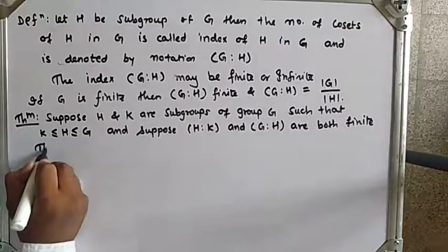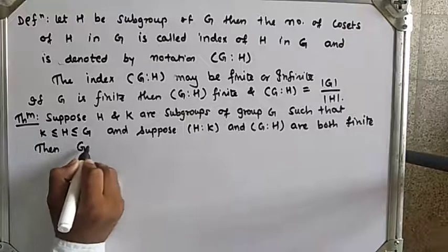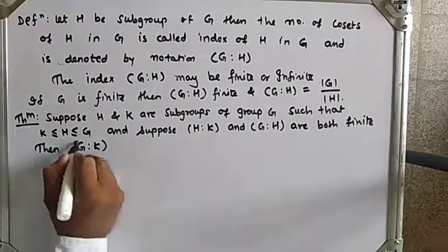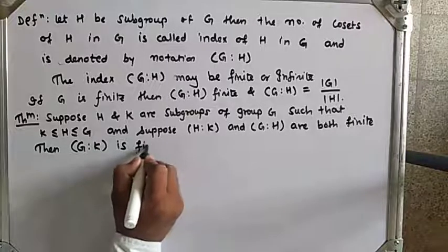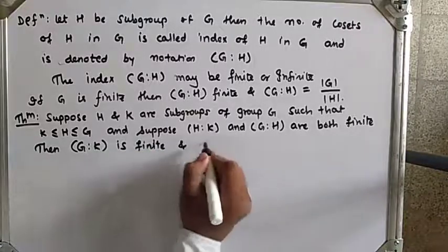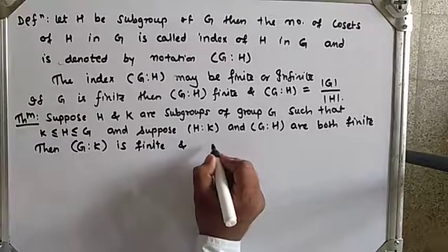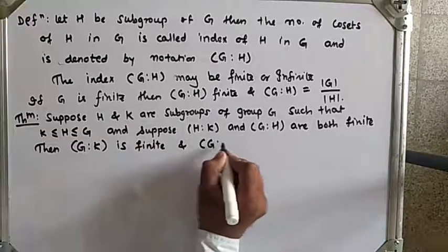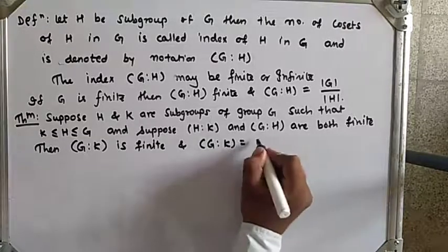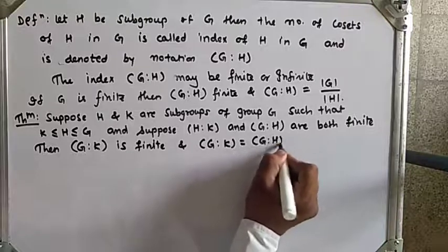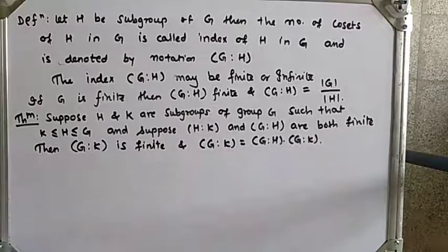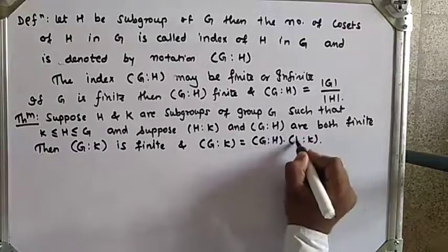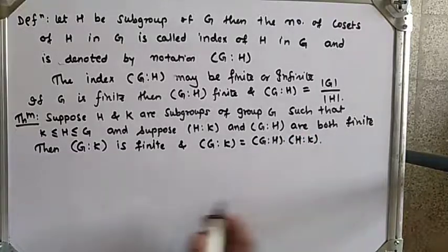Then the index of K in G is also finite, and the index of K in G is equal to the index of H in G into the index of K in H. So let's prove this theorem.